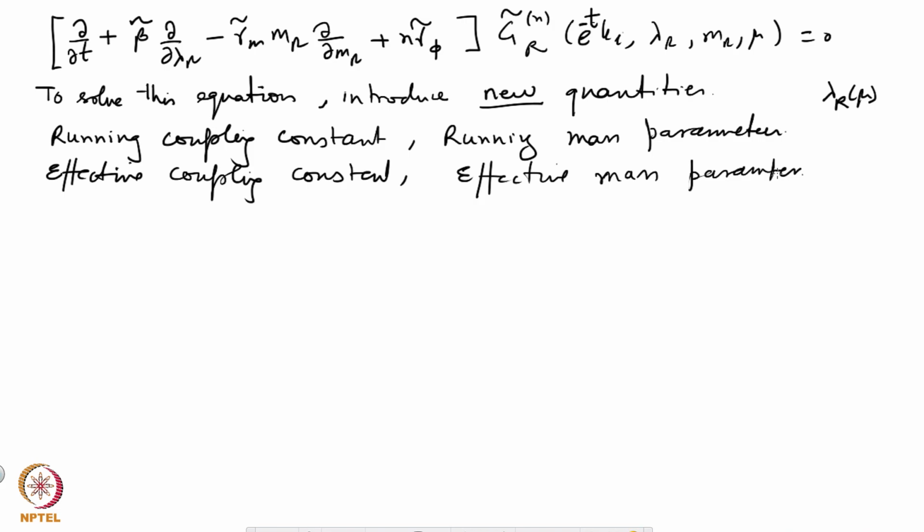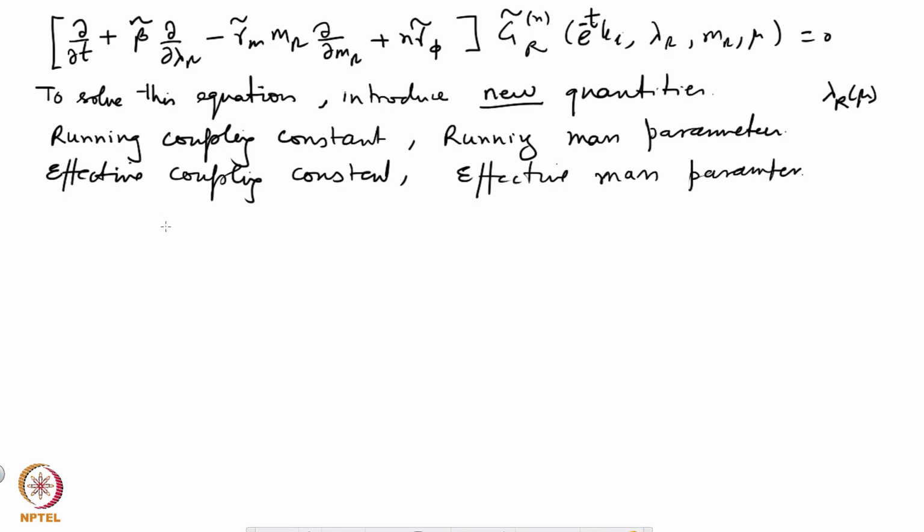A first order differential equation that the running coupling constant and the running mass parameter satisfy, and specify the boundary condition. Once you have specified the boundary condition and given the differential equation, the solution is unique, and that you can solve to get that function. So we will define it through the differential equation and the boundary condition.